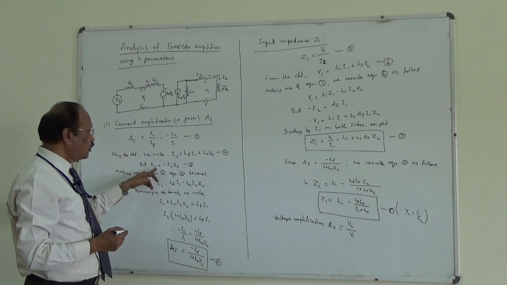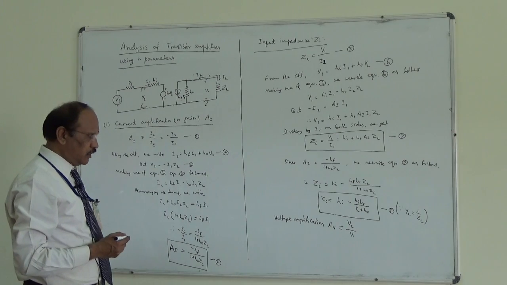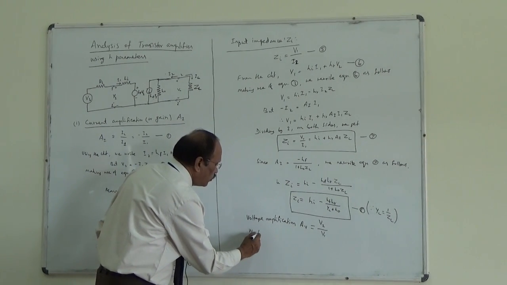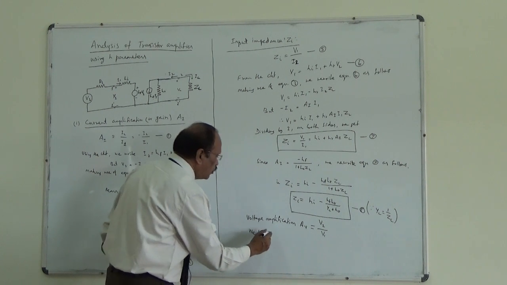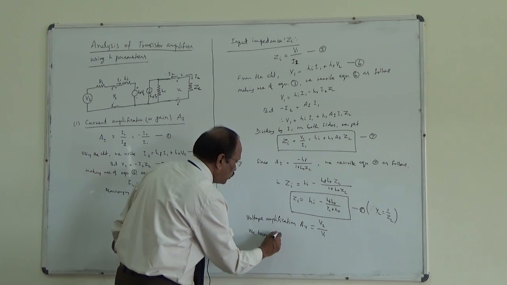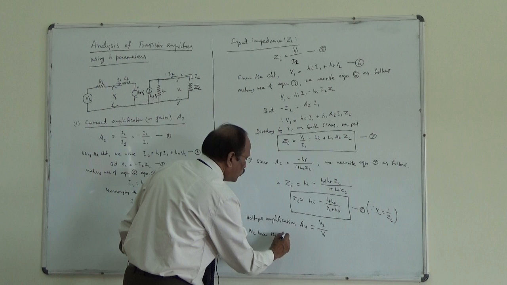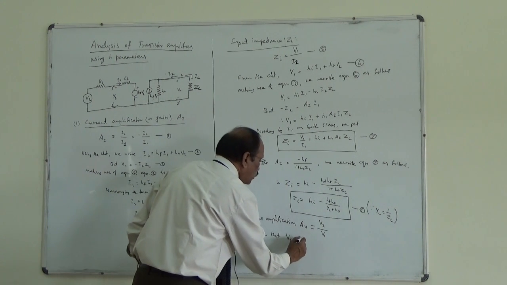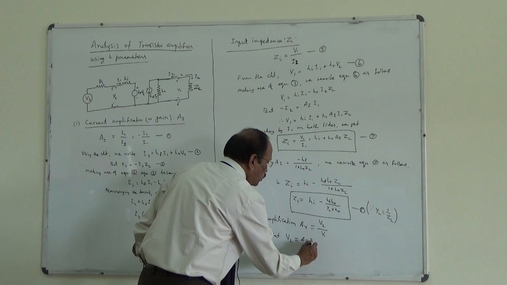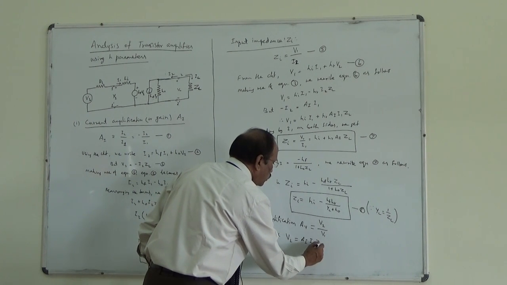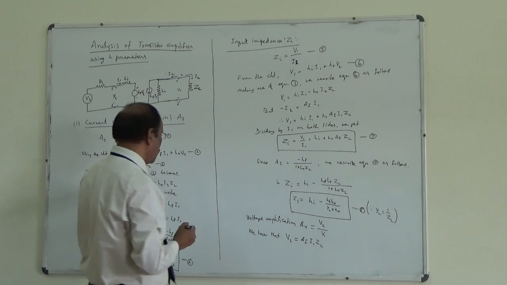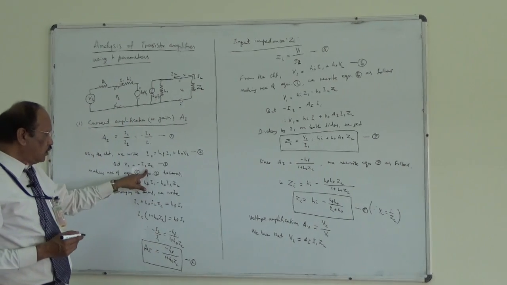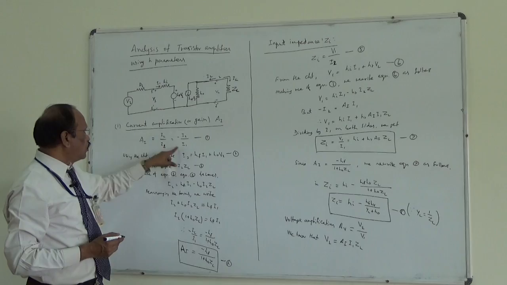So V2 is equal to AI into I1 into ZL, because V2 equals minus I2 into ZL and minus I2 equals A into I1.